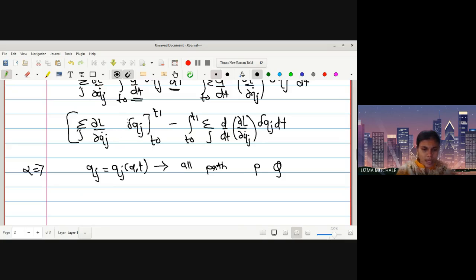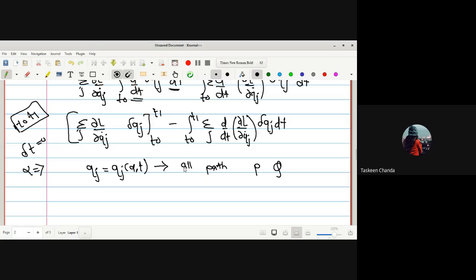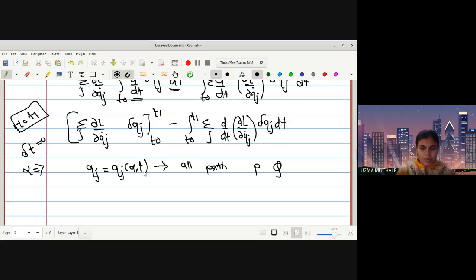Now, what is delta Qj? That is a very small variation in Qj, just like delta t, a very small variation in t. And we have written delta t equal to 0 since T0 to T1 is fixed. No one is allowed to have extra time. So there is no variation in time. Here also, is there any variation at the endpoints? No, ma'am. So what can we say about delta Qj?